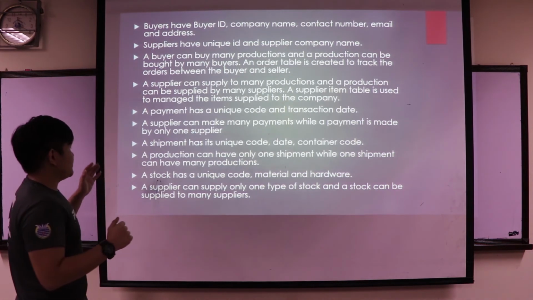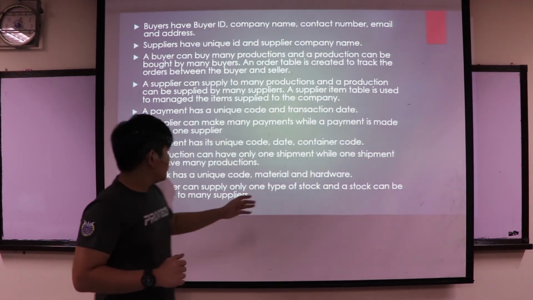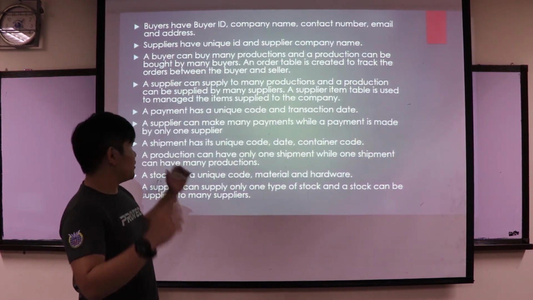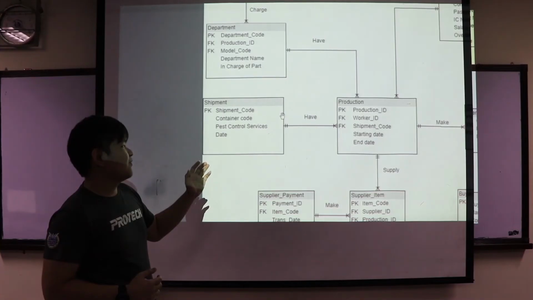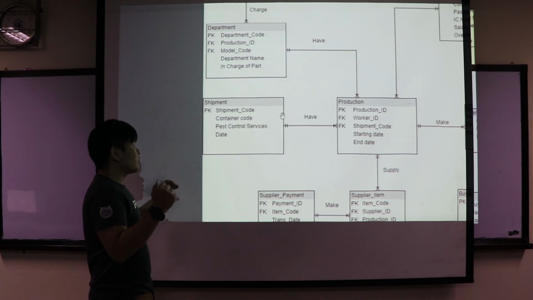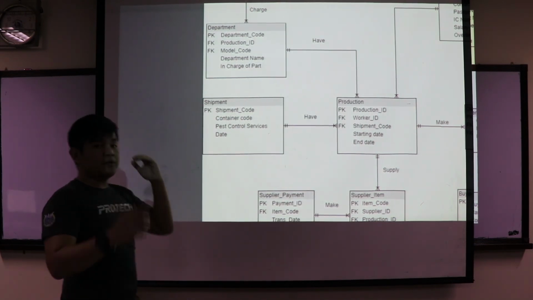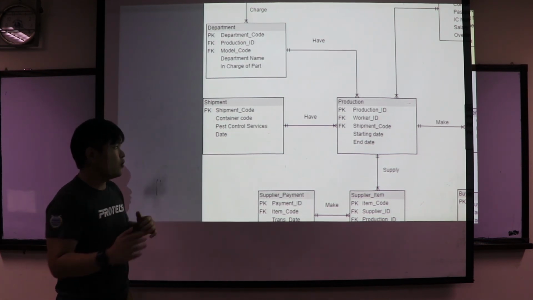A shipment has its unique code, date, container code. At this point, we need to create another table for the shipment. Based on the diagram, we can know the shipment table. Inside the shipment table, we need a primary key, which is shipment code.